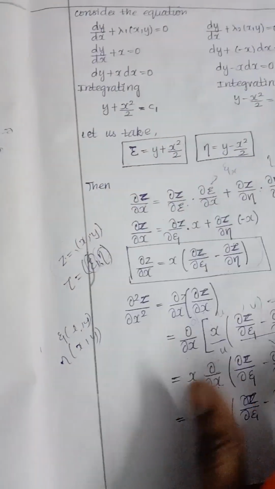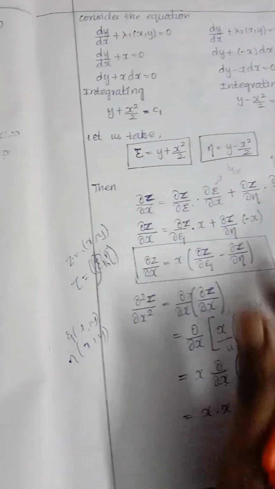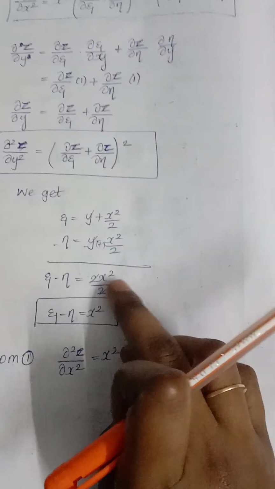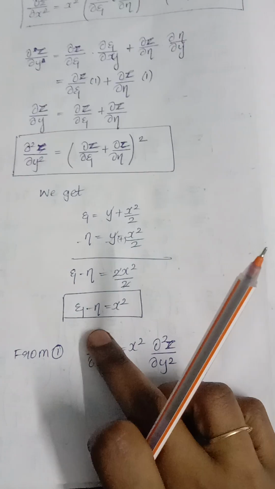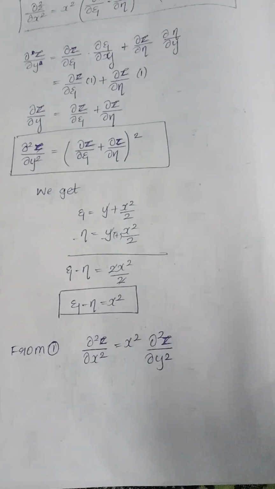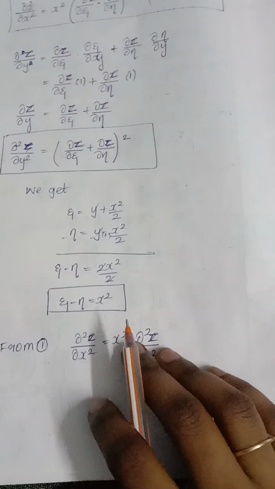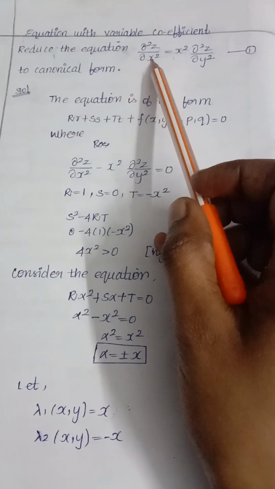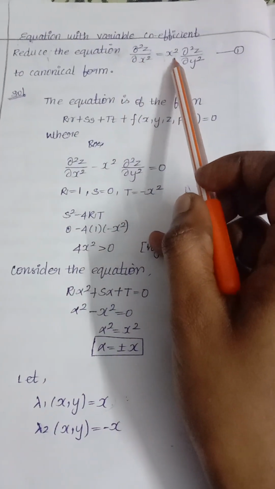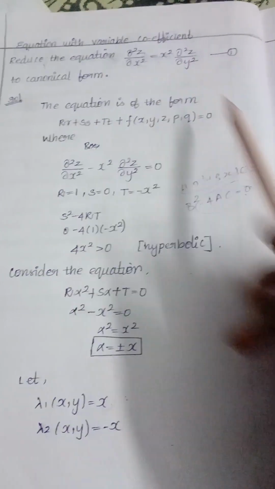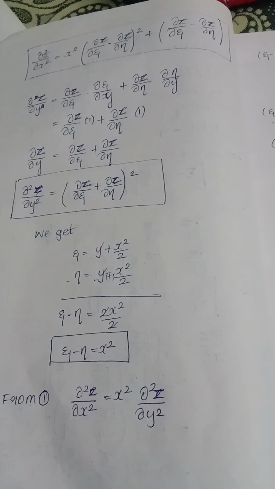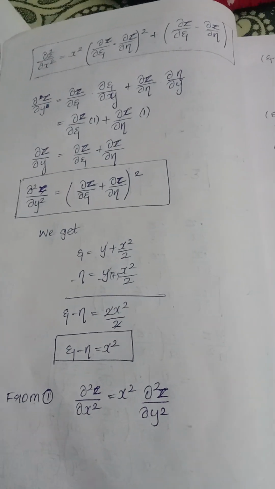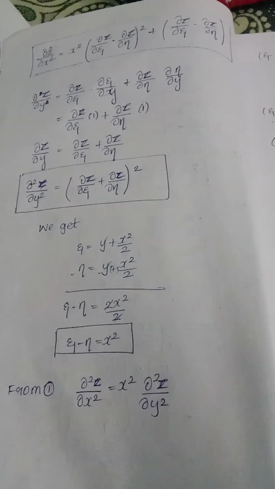If we take xi minus eta, we get 2x square by 2, the 2s are cancelled, and finally we get xi minus eta equal to x square. From the question, dou square z divided by dou x square equals x square dou square z divided by dou y square. So finally we get to know that zeta and z are related to each other.